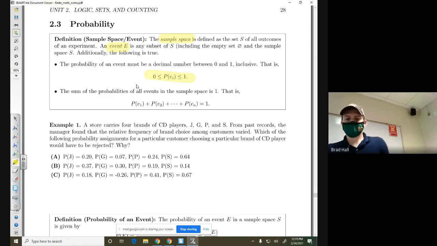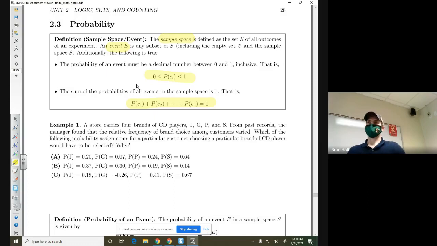So we're going to be dealing with numbers between 0 and 1. If you do not get a number between 0 and 1 in this section, there's a good chance you did something wrong. And additionally, if you add up all the probabilities of every individual event, then you're going to get 1.